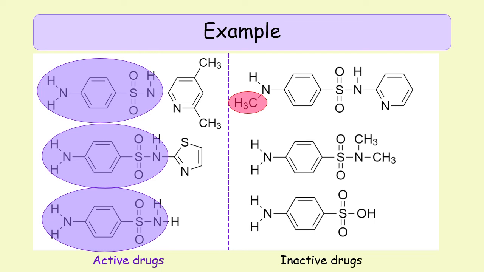In the second molecule down, the second nitrogen, the one on the right-hand side, has a CH3 group where all the ones on the left have a hydrogen. So that is interfering with the way that it can interact. And the bottom molecule doesn't have that second nitrogen, it has an oxygen instead, which tells you that it's not capable of forming the exact same type of bonds and it's getting in the way.